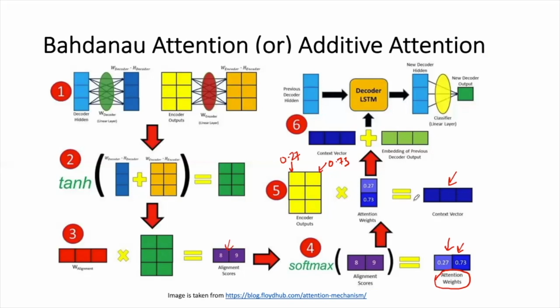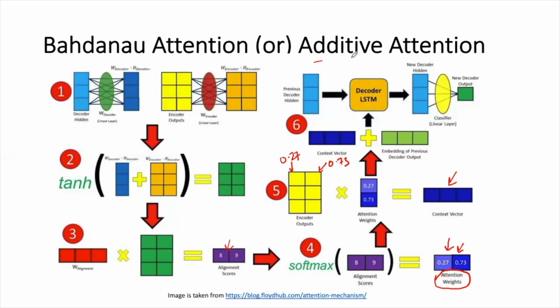As you can see, we have many addition operations. So whatever interactions we have between the decoder hidden vector and the encoder hidden vectors are in the form of addition. We added up here, and then we generated the output. That's why this attention mechanism is called the additive attention mechanism.